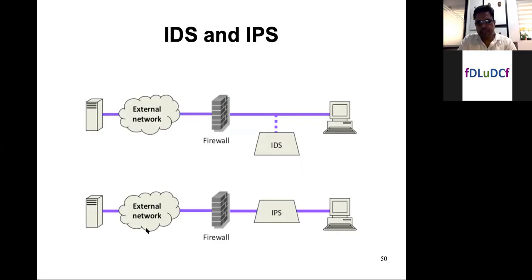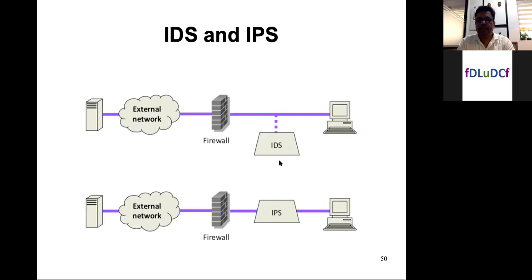IDS refers to intruder detection system. IPS refers to intruder prevention system. IPS are more active, and IDS are more passive. For example, in a typical organization network, if it uses IDS and firewalls, the simplest network diagram may look like this. There are external networks outside, then a firewall, then the internal network and internal servers.